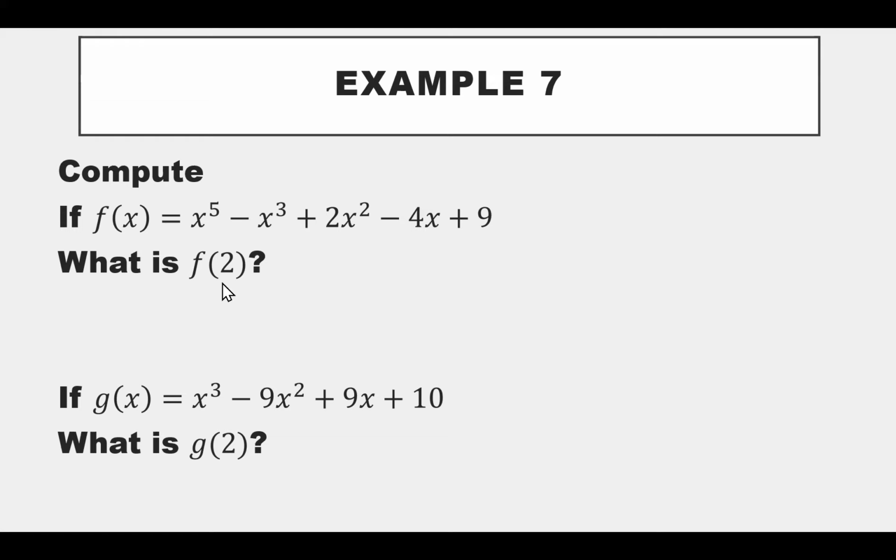So what would happen if we plugged in 2 into the polynomial function whose output were those polynomials? If I had a polynomial function, which was that x to the fifth polynomial, what would happen if I plugged in 2 into that? If I had a polynomial g of x, which was that x to the third polynomial, what would happen if I plugged in 2 into that? Go ahead and do the computation if you'd like.